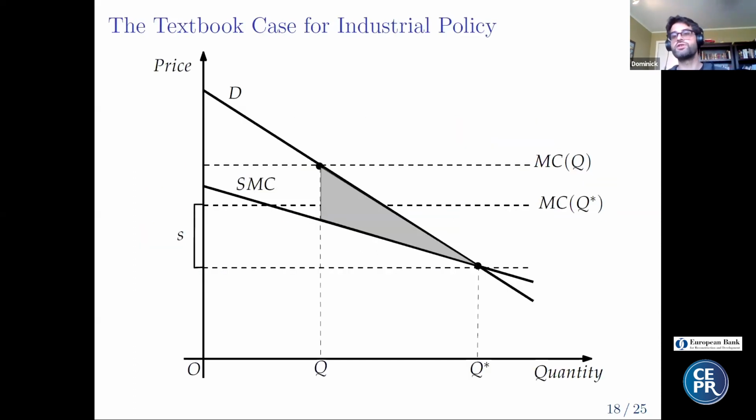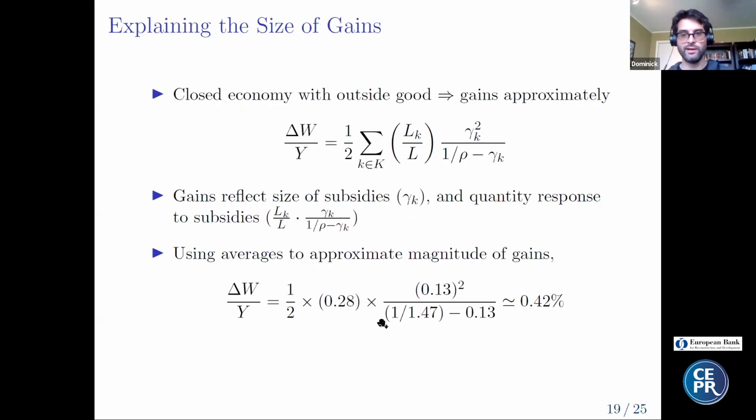So let's understand where these gains come from. Let me remind you of this picture here. The gains from this type of policy are given by the area of this triangle, and you can show that the area of this triangle is approximated around the optimum by the following formula, which is a generalized base times height calculation.